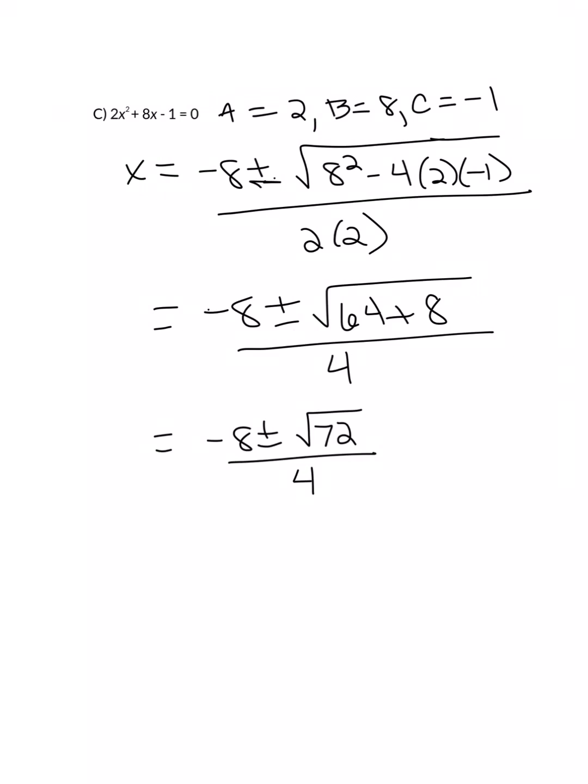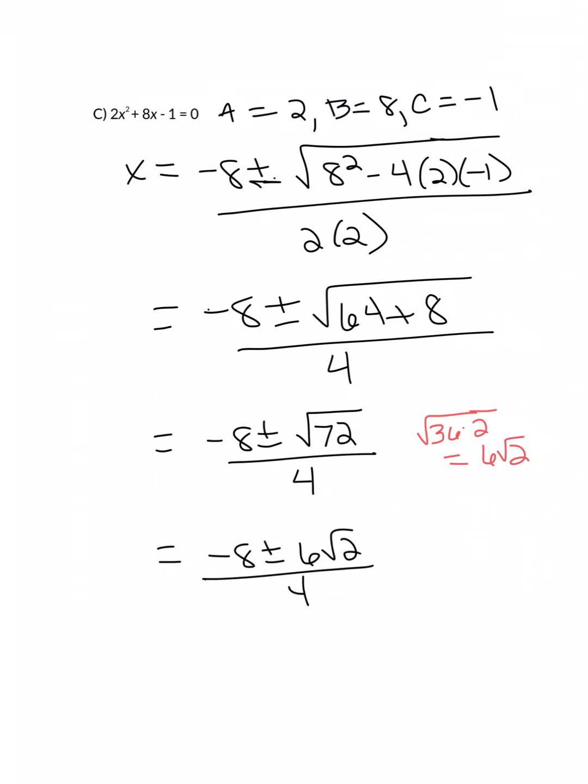The square root of 72 is the square root of 36 times 2, which becomes 6 radical 2. So our fraction now becomes negative 8 plus or minus 6 square root of 2 over 4.